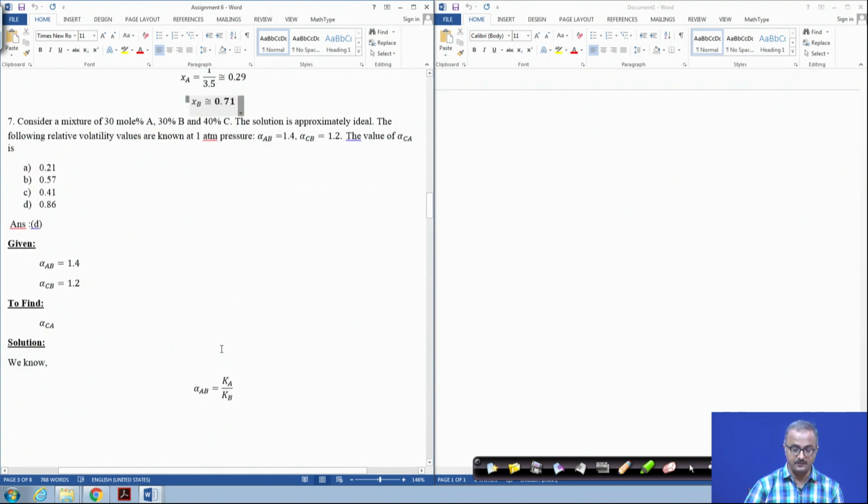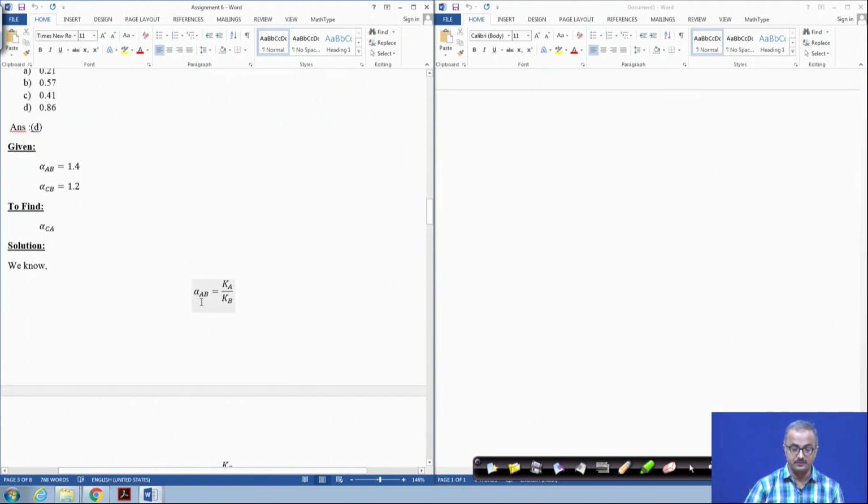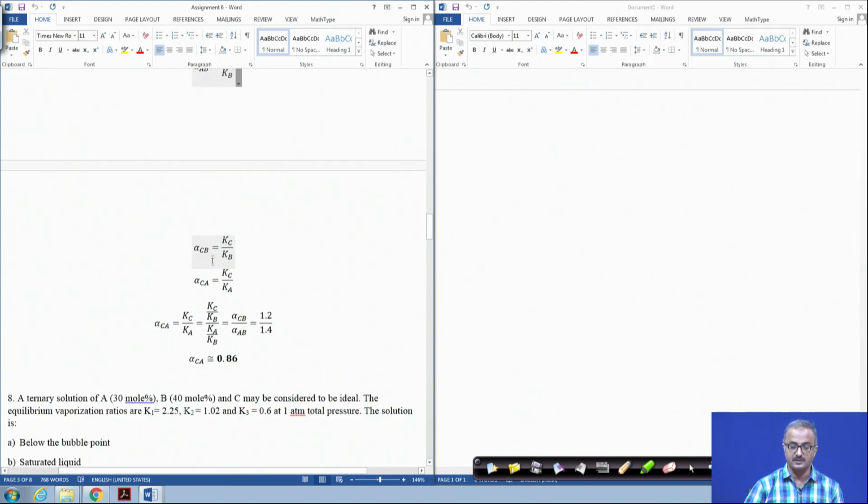That means we again go back to the basic definition of the relative volatilities. Here we are given alpha AB and alpha CB, and mathematically you can see that alpha CA equals Kc by Ka. So we write Kc by Ka as equal to Kc by Kb into Kb by Ka.